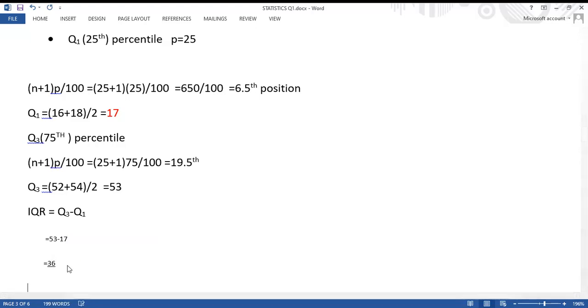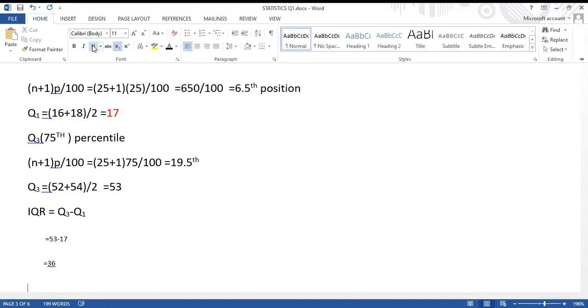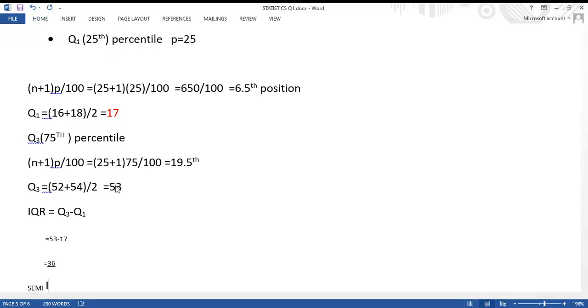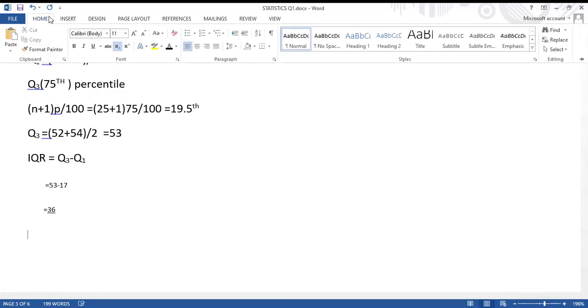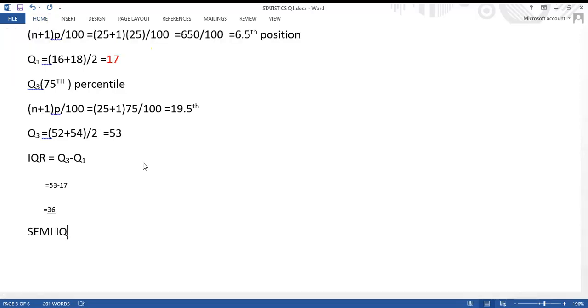If you're told to find the semi-interquartile range, semi-IQR equals 1 over 2 open brackets Q3 minus Q1.